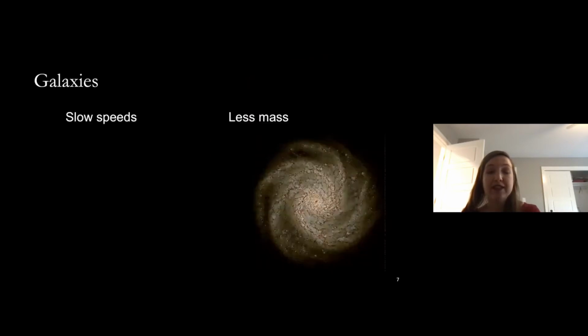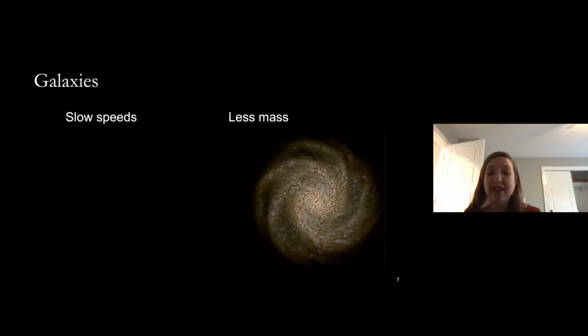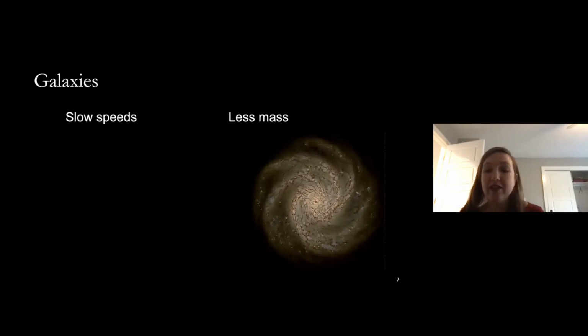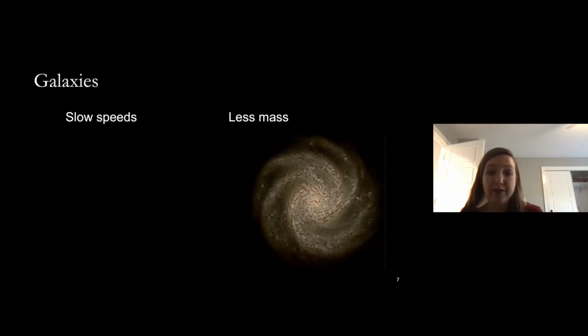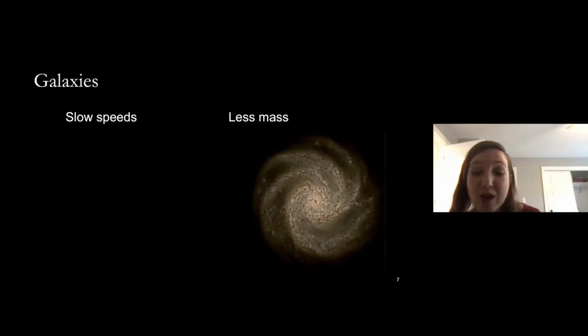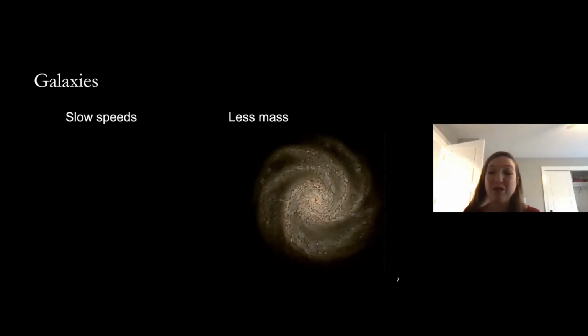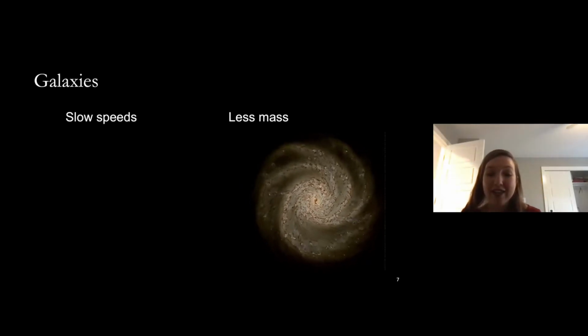So let's consider what happens if there's not much mass in a galaxy. If a galaxy is not very massive, the components of that galaxy are going to move pretty slowly. If you all were a bunch of physicists, I would be putting some equations up here, because we use the language of math to express ideas in physics.